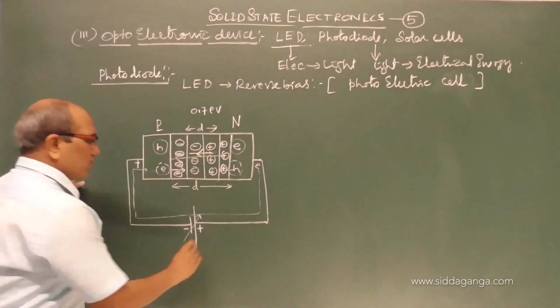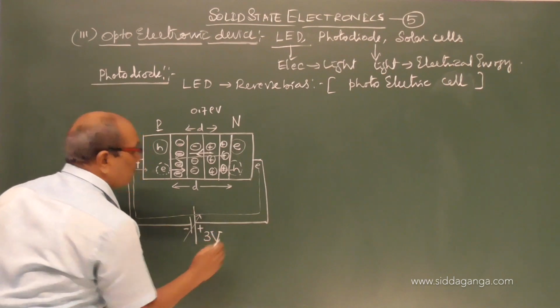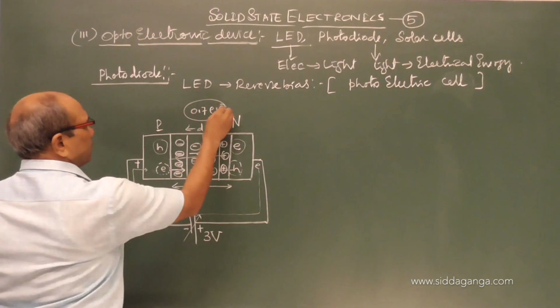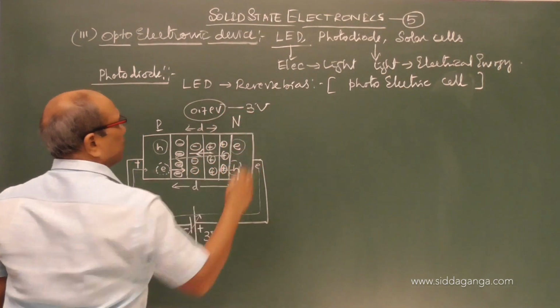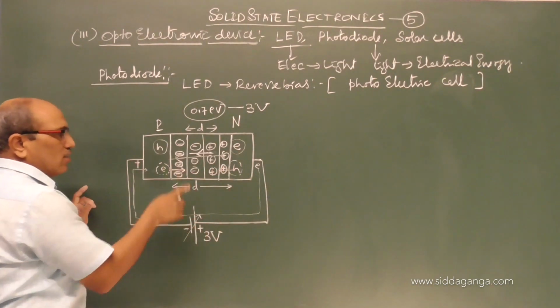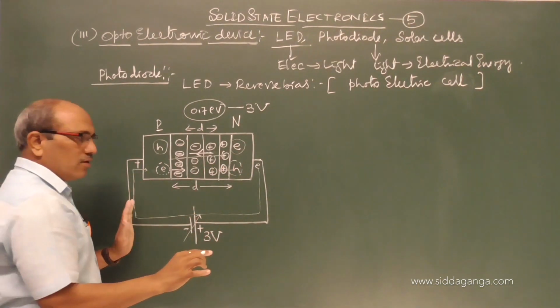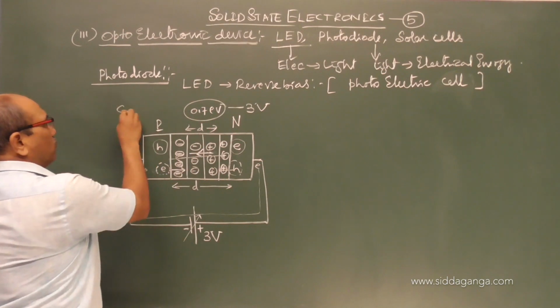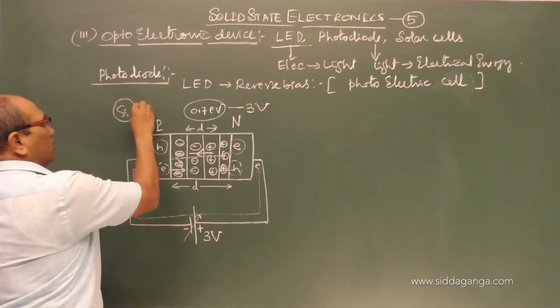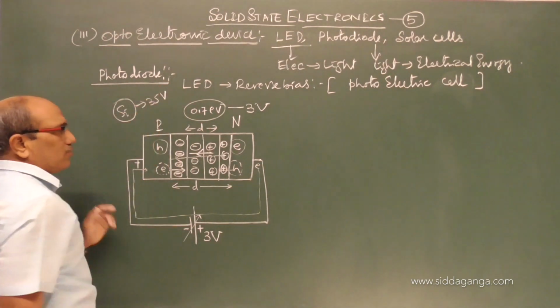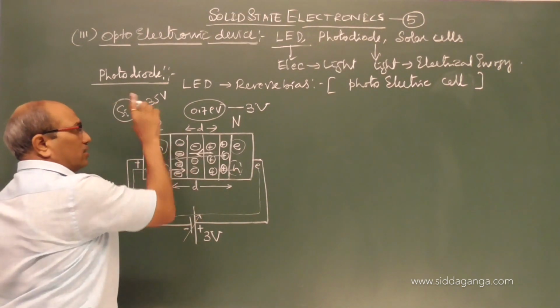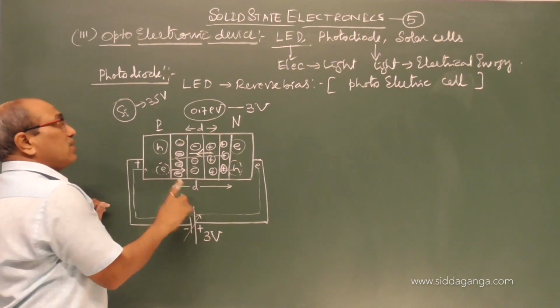How long? Suppose the applied voltage is 3 volt. Now this also can reach 3 volt. Up to that, this process may go on and then ceases. Suppose for silicon, the breakdown voltage in reverse bias is 35 volt. I have not reached that. Maybe for a normal diode, but I have not reached that.